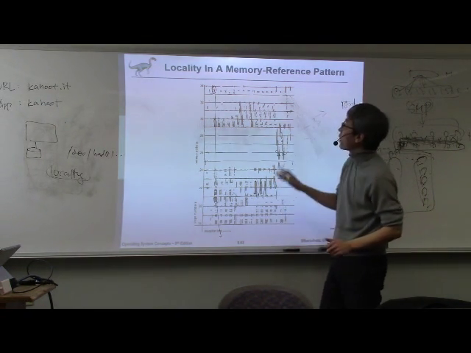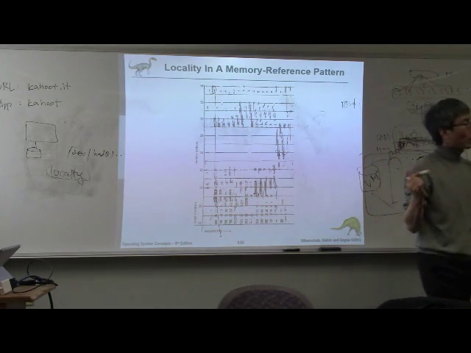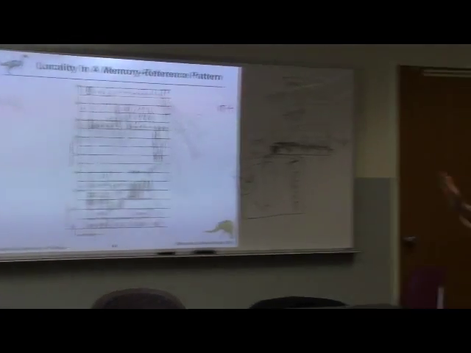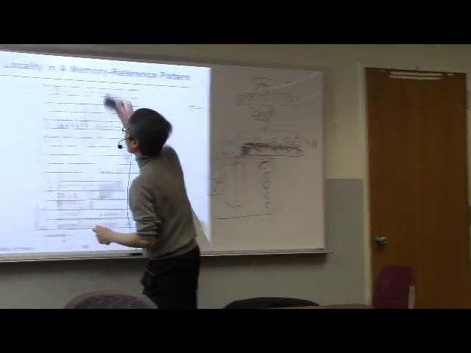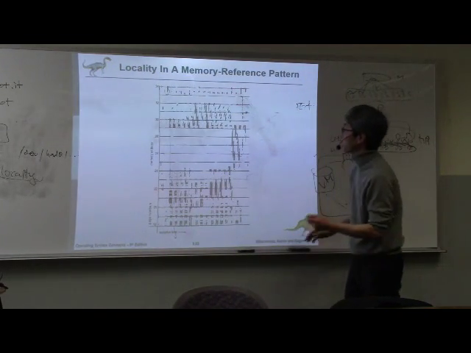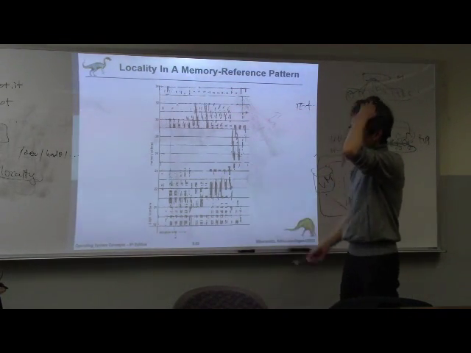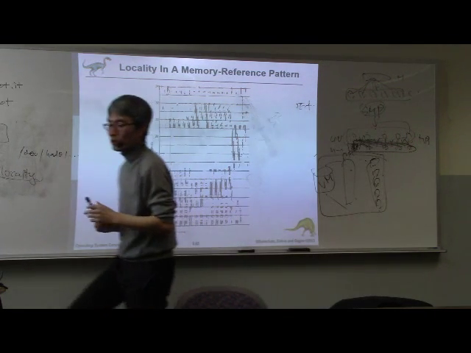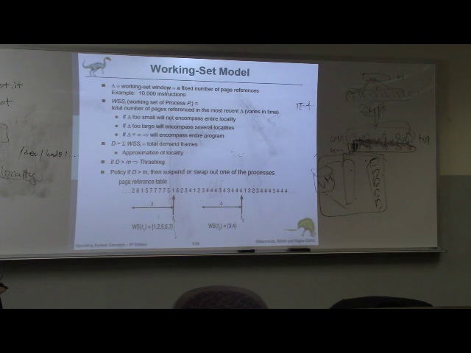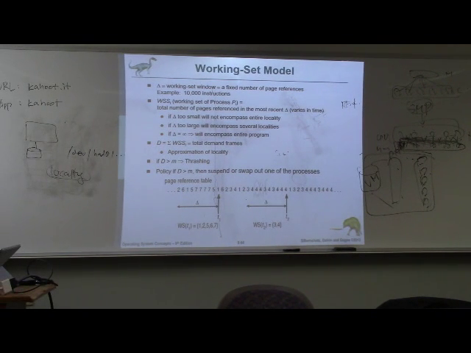This is one of the approaches to find the locality, not analyzing all the processes or all the programs. Even with one program, it can be this way, so it's not easy. Instead, we are going to visualize. This is one visualization of such a memory reference pattern. Using such a thing, we can make the group. That is a working set model.